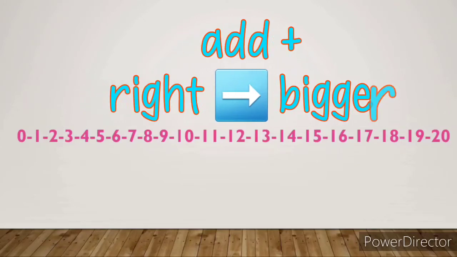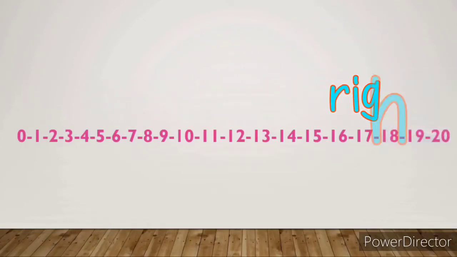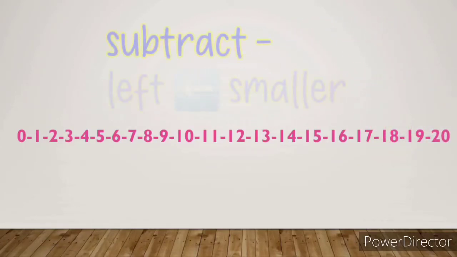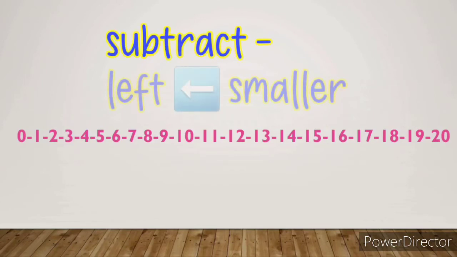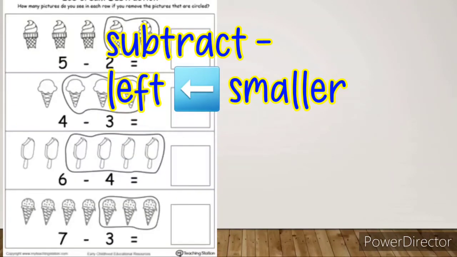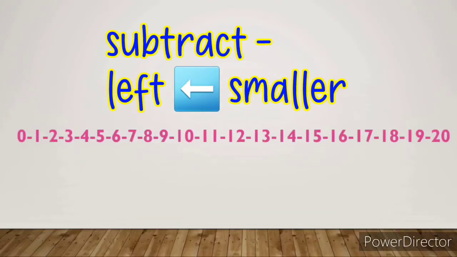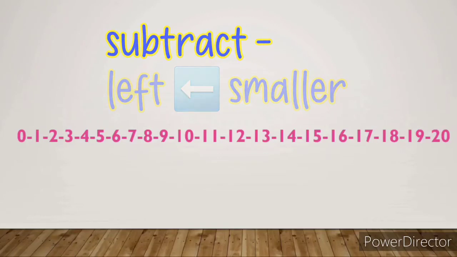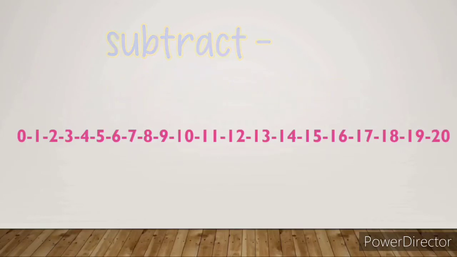When we subtract or take away, we move our finger and count down or backwards to the left because our numbers are getting smaller. We're taking away. So you can use this number line to help you practice moving down to the left for your numbers to get smaller when you subtract.